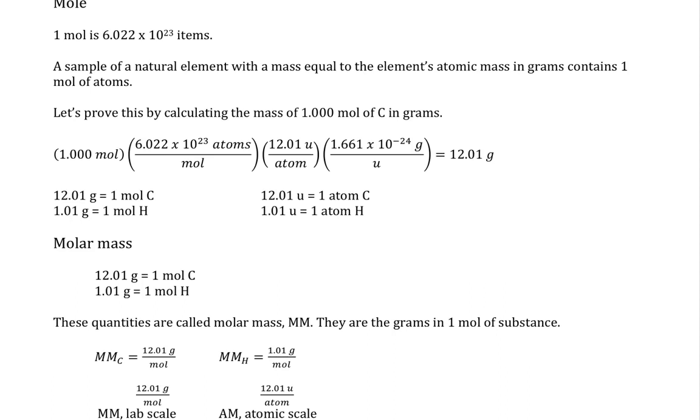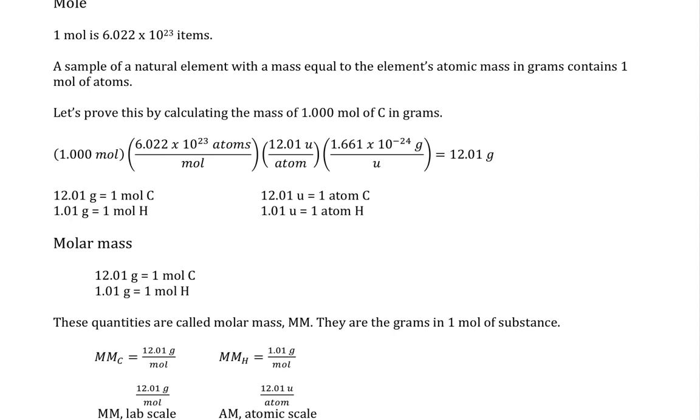Okay, let's prove this by calculating the mass of 1.000 moles of carbon in grams. From our sentence above, I'm saying that 1 mole of carbon is equal to the atomic mass of it in grams, which is 12.01 grams. So we'll prove this.